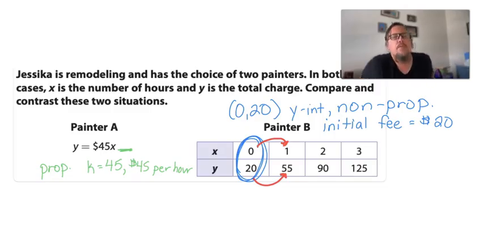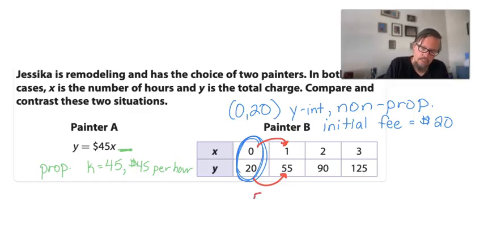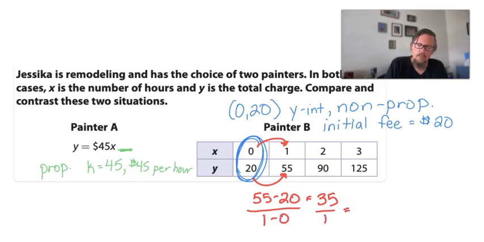So his initial fee was $20, and then he charges us for that first hour. How much does he charge for the first hour? Well, that's a pretty simple subtraction problem. 55 minus 20 is 35, and that was for that 1 hour. So $35 per hour.